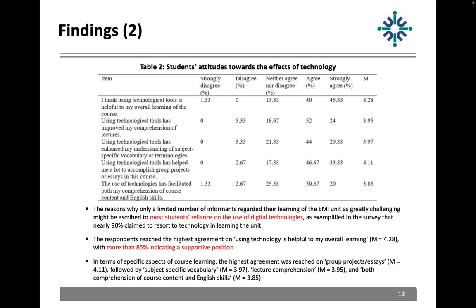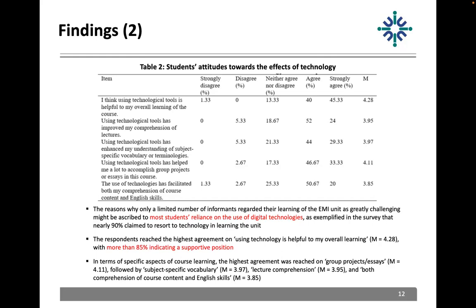So talking about specific aspects of the course learning, the highest agreement was reached on group project or essay. As you can see from this table, using technological tools has helped me a lot to accomplish a group project or essays in this course.